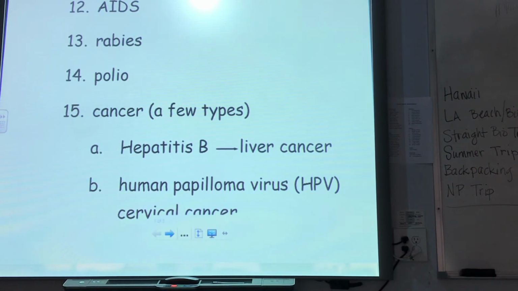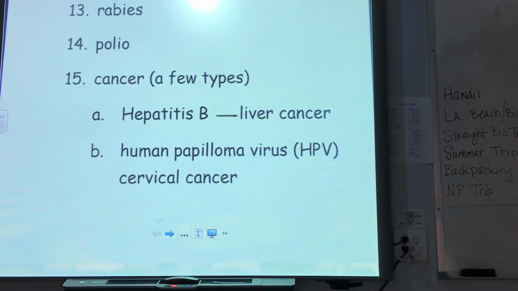Rabies is another interesting virus. I'm going to tell you a bit about rabies because I'm going to have you do a little presentation about one of these, and I'm going to use rabies to show you what I'd like your presentation to look like. Rabies is an interesting virus, and because people don't often get it, people get a little lax about it, but believe me, rabies is out there.